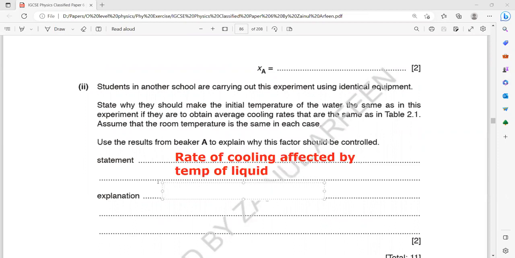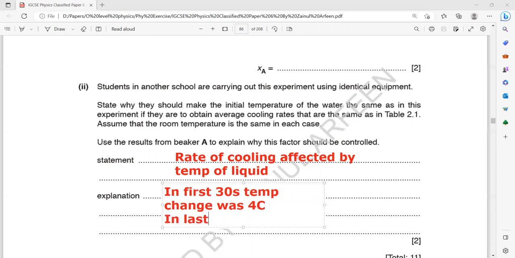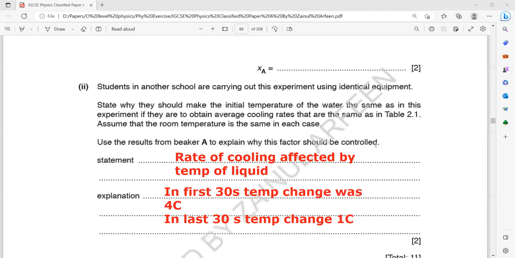You'll mention in the first 30 seconds, the temperature change was 4. But in the last 30 seconds, the temperature change was only 1. So higher temperature, greater the rate of cooling. Like if your liquid is at high temperature, it will cool down much faster.